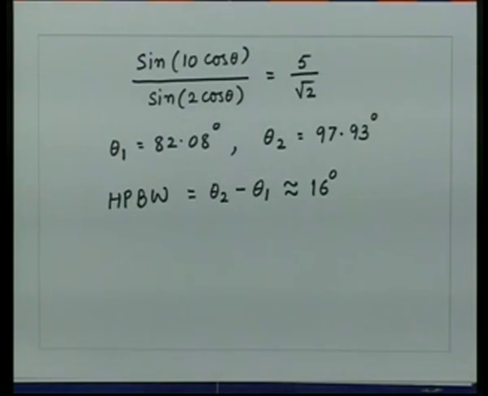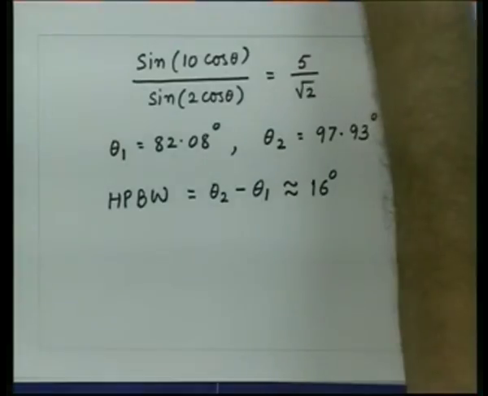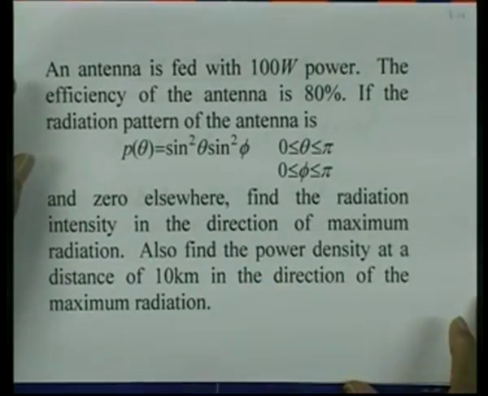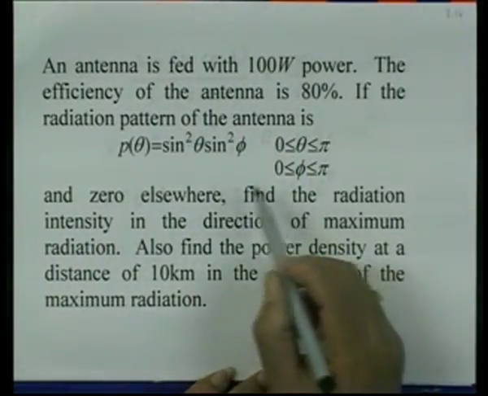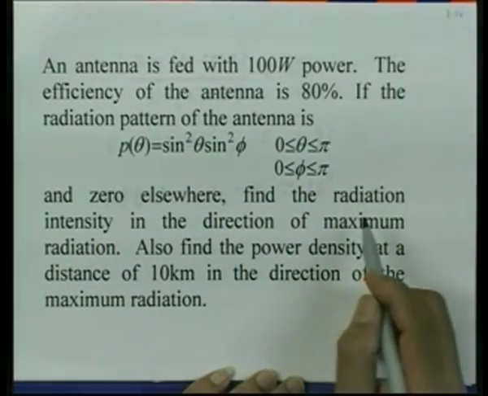Let us take one more problem, which is now related to the directivity of the antenna. There is an antenna which is fed with 100 watt of power. The efficiency of the antenna is 80%.